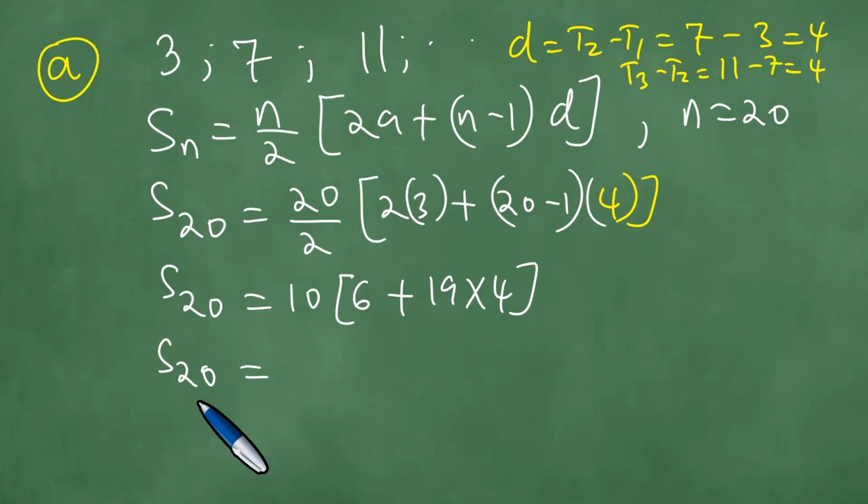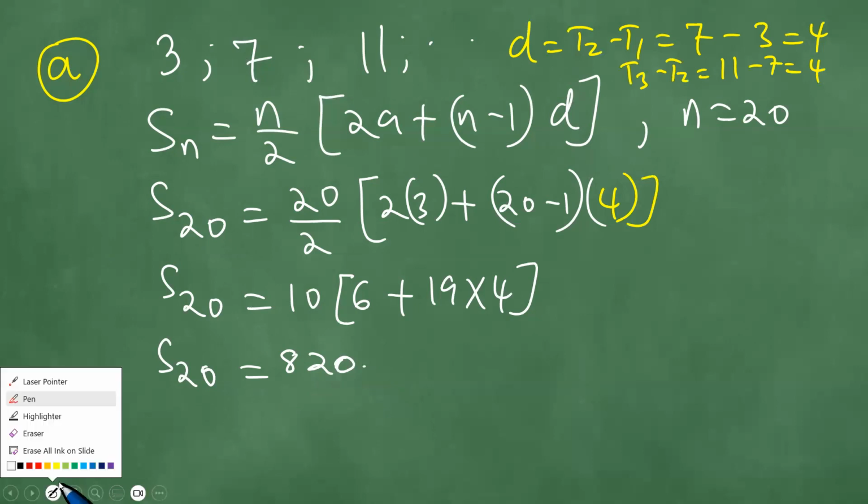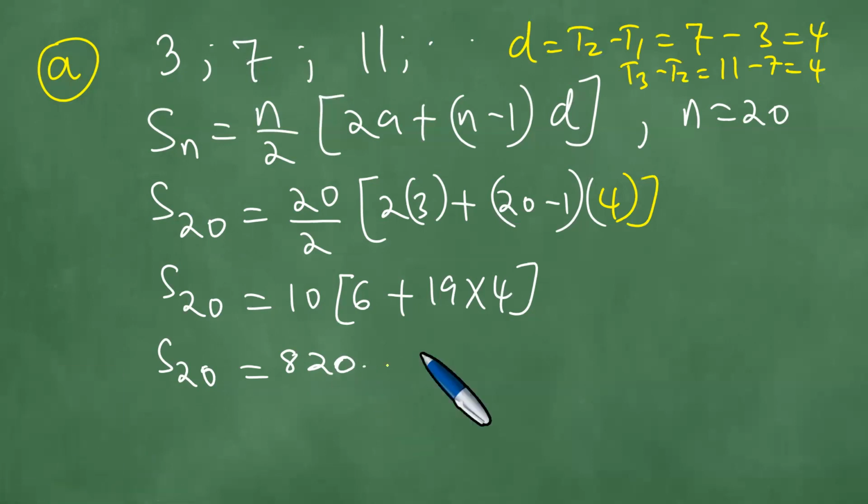Okay, that's excellent. I trust you there, and that is the answer. So this is exactly 820, which means, therefore, that the sum of 20 terms is 820.